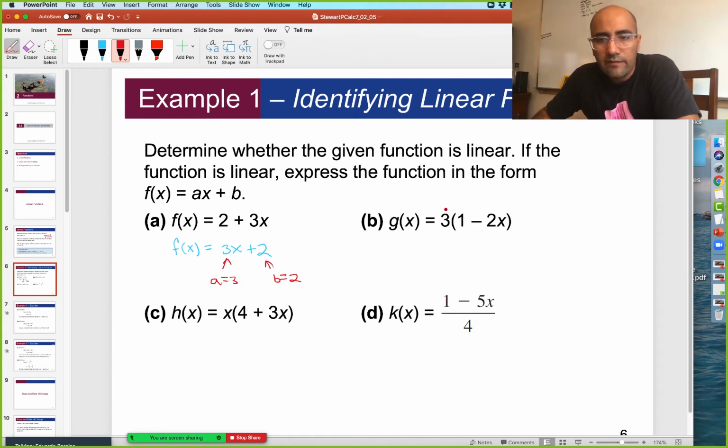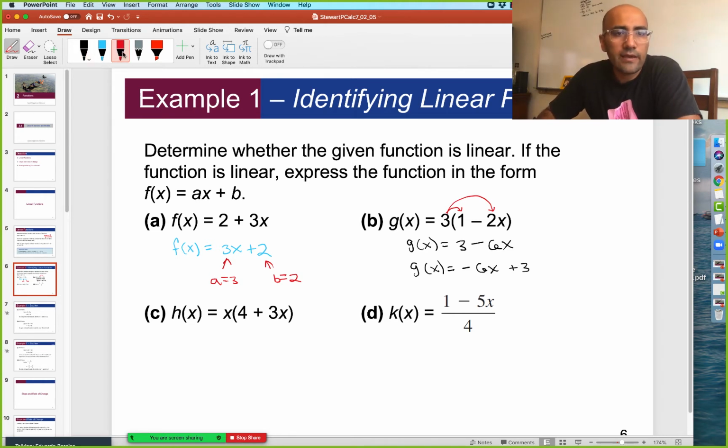Okay, over here we're going to have to distribute, and distribute there, and move things around a little bit. So the distributive property gets me to say that this is g of x equals 3 minus 6x. And now if I just switch those around, I'll end up with negative 6x plus 3.